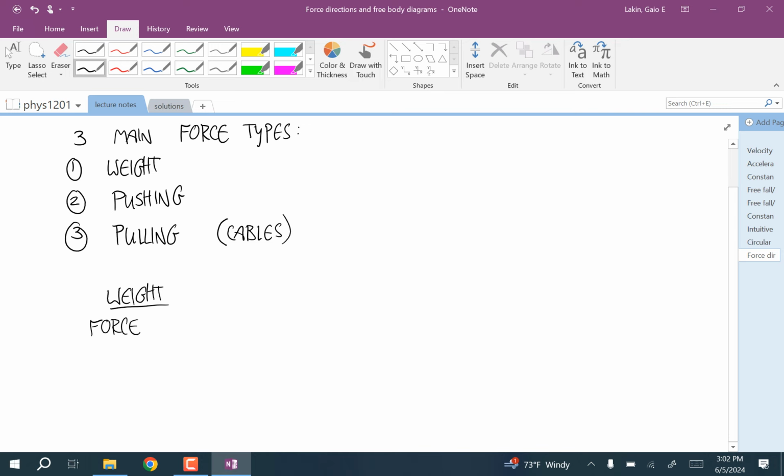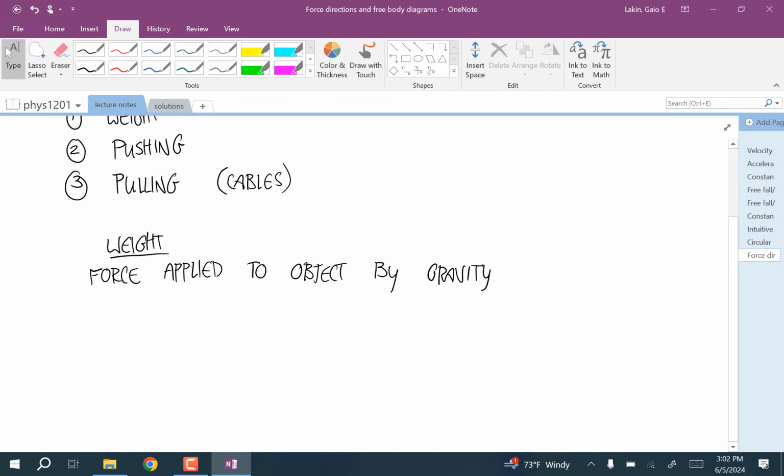This is the force applied to the object by gravity. And the magnitude of this force is always mg, and the direction is always down.